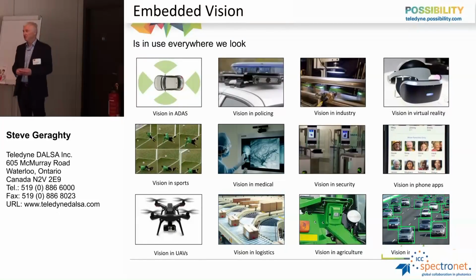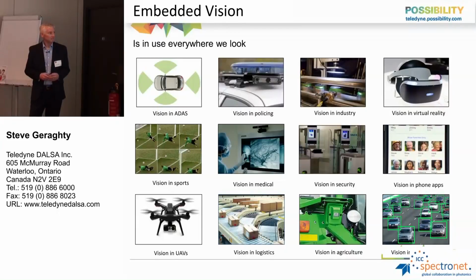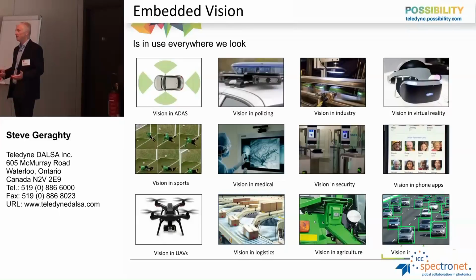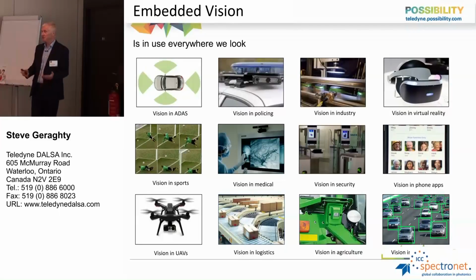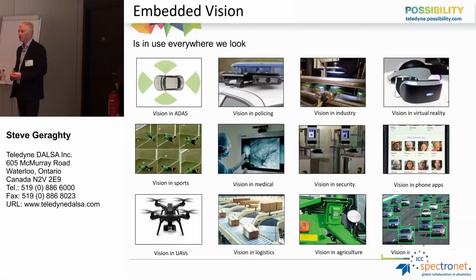So embedded vision is a term that we hear a lot about lately, but the reality is it's not new. It's been around for many, many years in industrial vision. The term itself implies the integration of vision technology in any application. And so even though the term itself is not new, the expansion of applications over the last 5 years is.